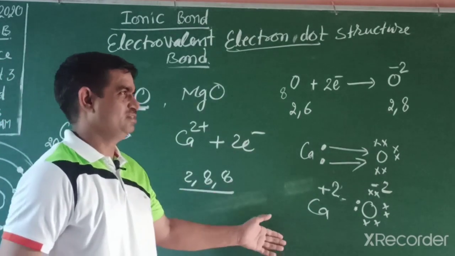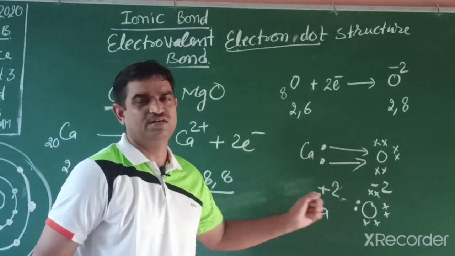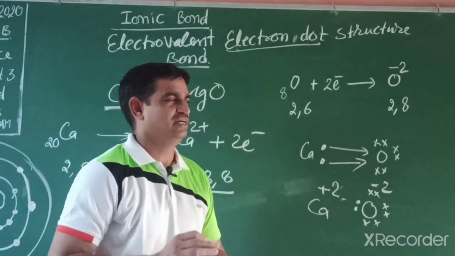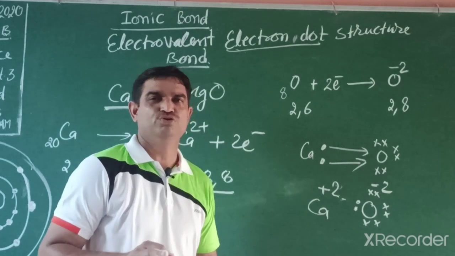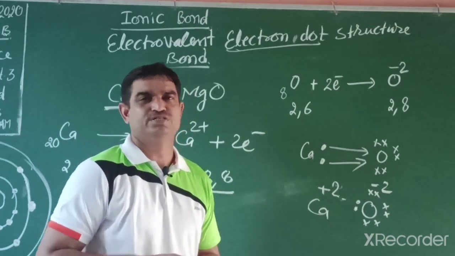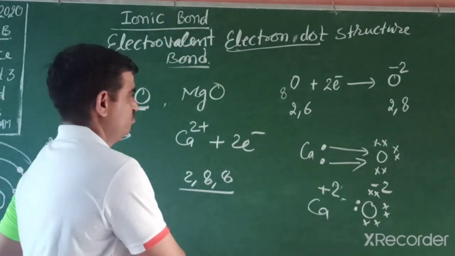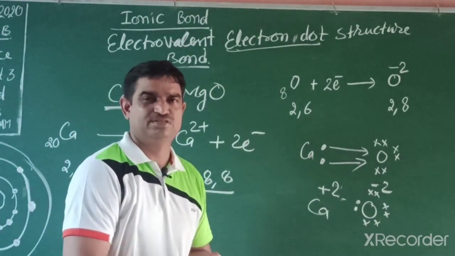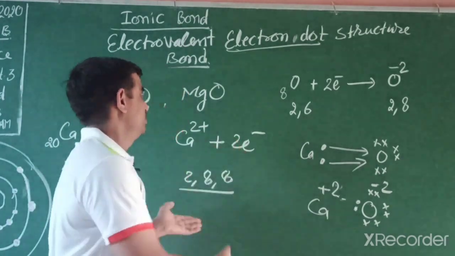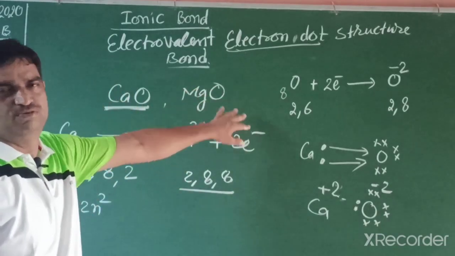In solid state, students, they do not pass current. They can pass current only in solution or molten state, because at that time the ions are free to move from one place to another. In this way we can explain magnesium oxide and aluminum oxide.